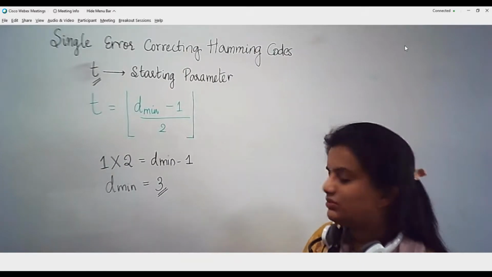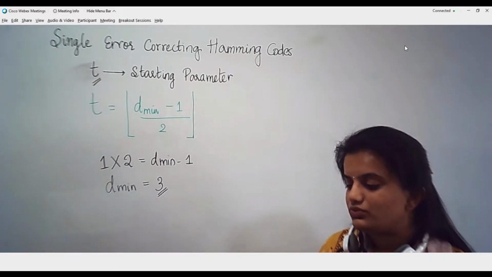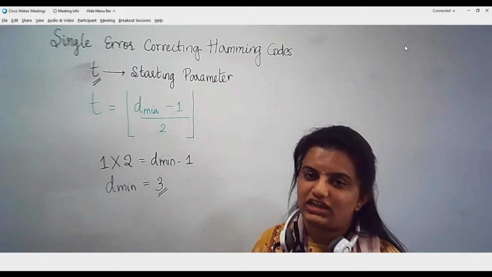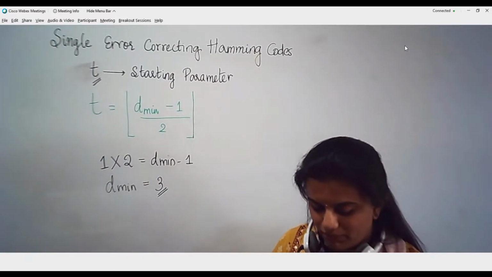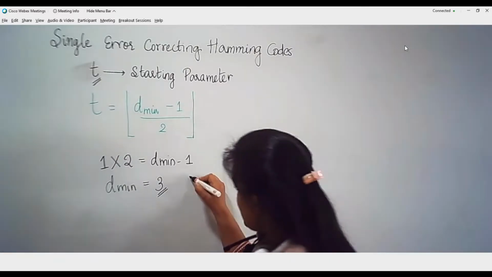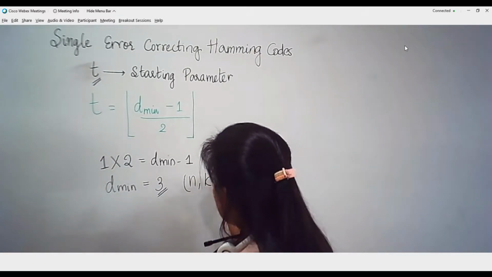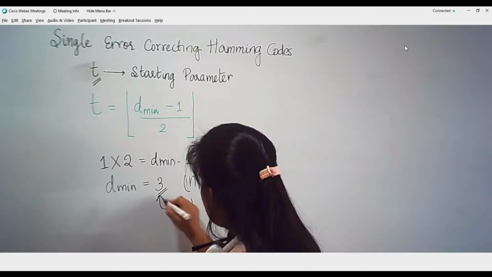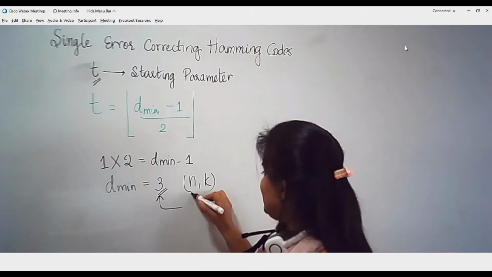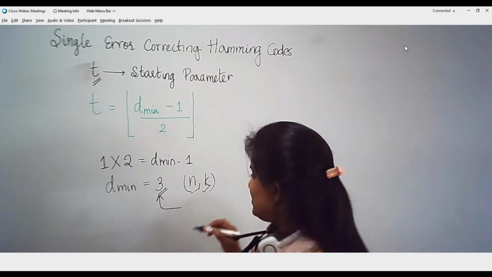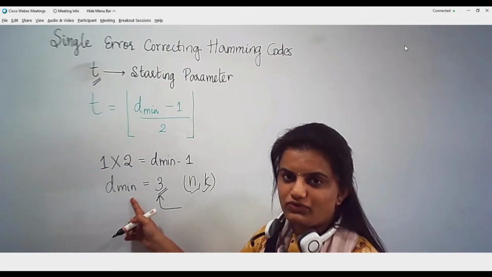So now we know dmin is equal to 3. Now we have to decide upon the n values and k values. There are many different combinations of n and k where we can achieve this dmin. So now we have to find out these n and k values.